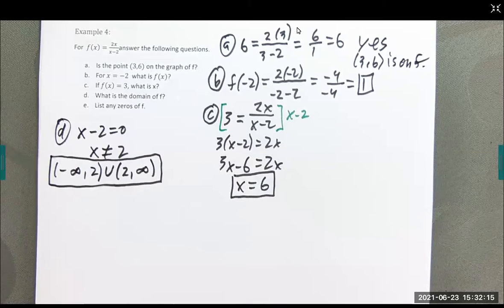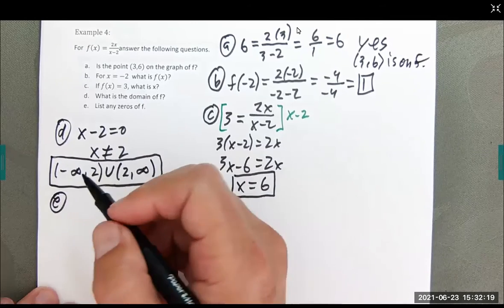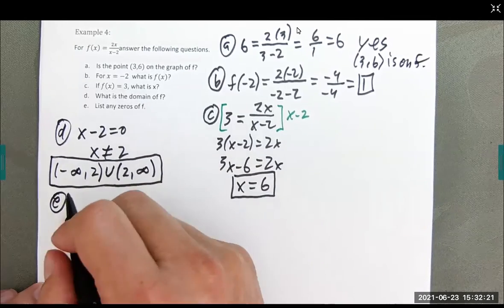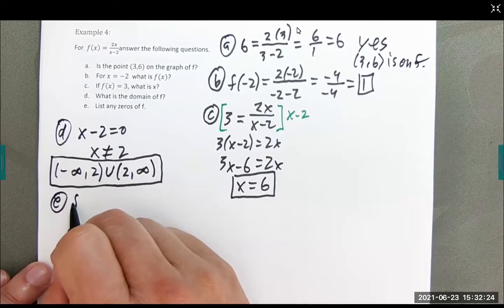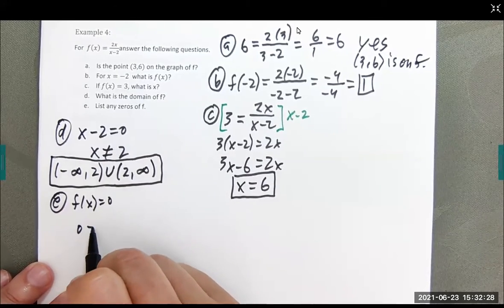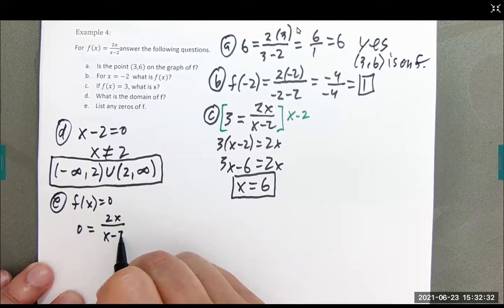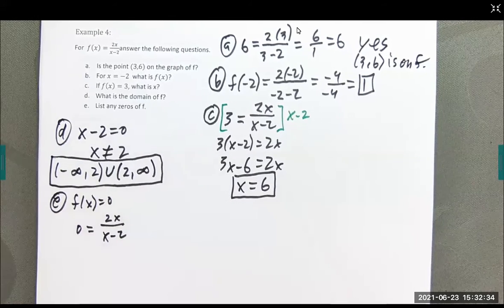In part E, list any zeros of f. Zeros meaning when y or f of x equals 0. So we have 0 equals 2x over x minus 2. Multiplying through by the LCD again.